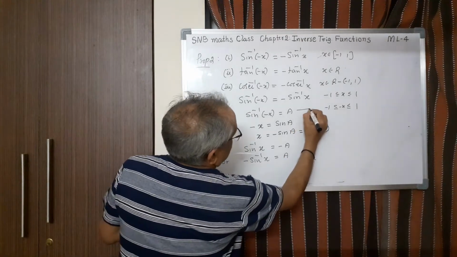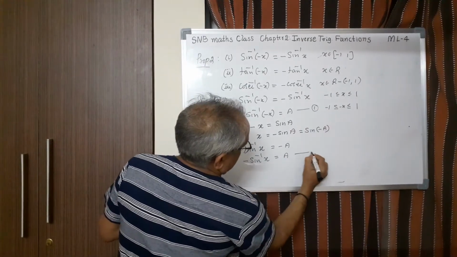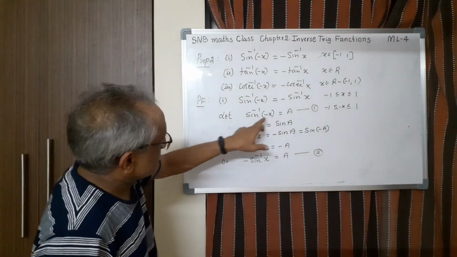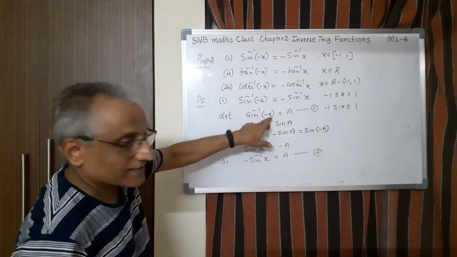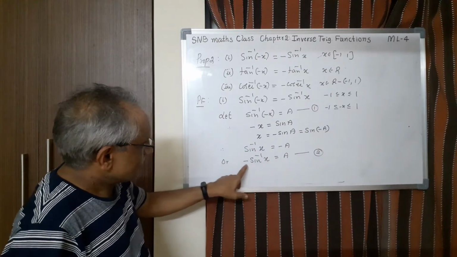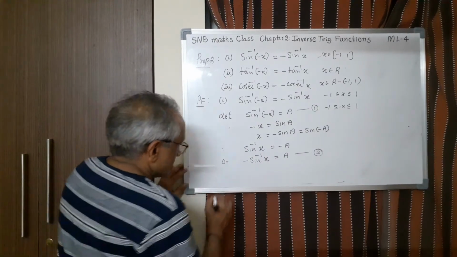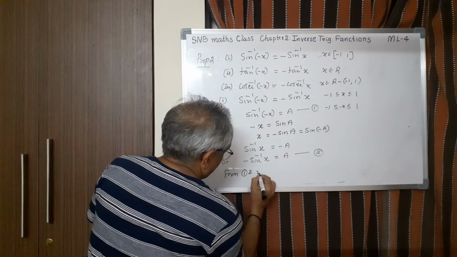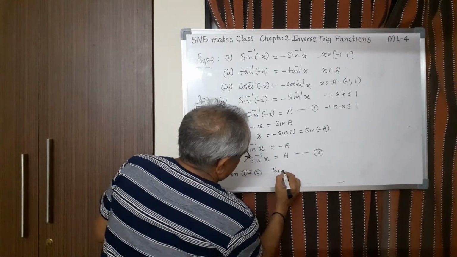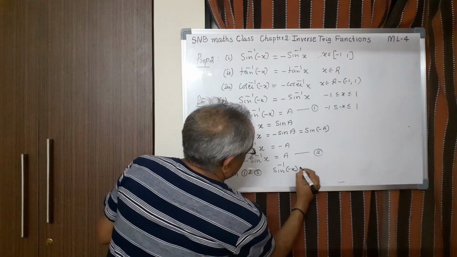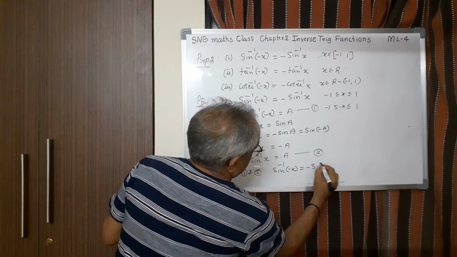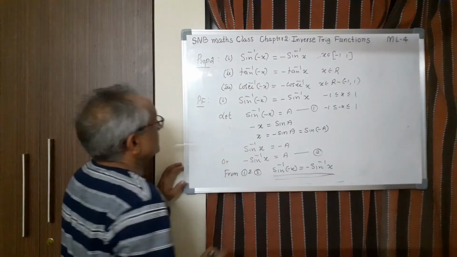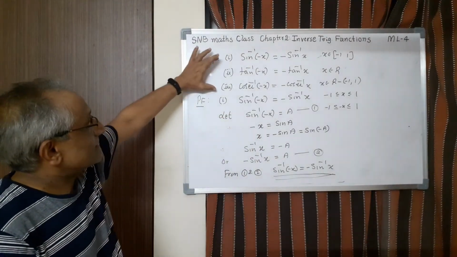So let us take this as 1, this as 2. Now look here, a is sine inverse of minus x and a is minus sine inverse x. Therefore we can say definitely from 1 and 2, sine inverse of minus x equal to minus sine inverse x. So this is the second property. Of course, in the second set there are 3 more.